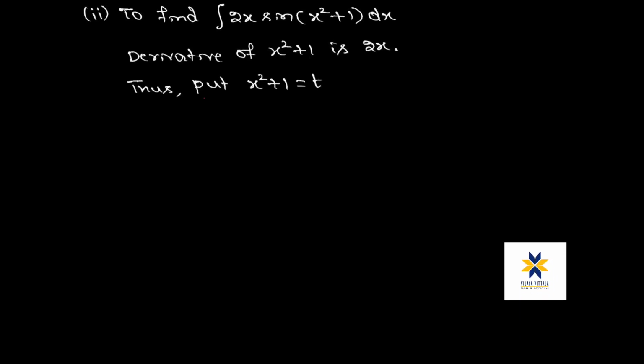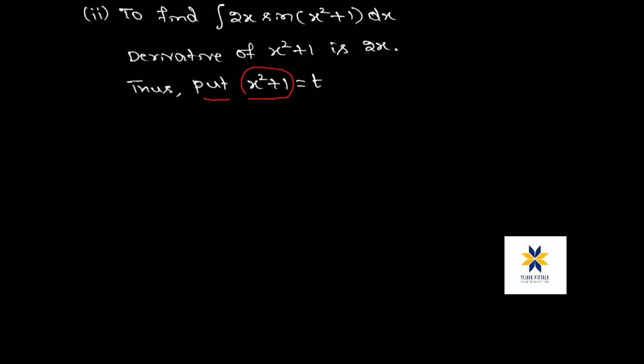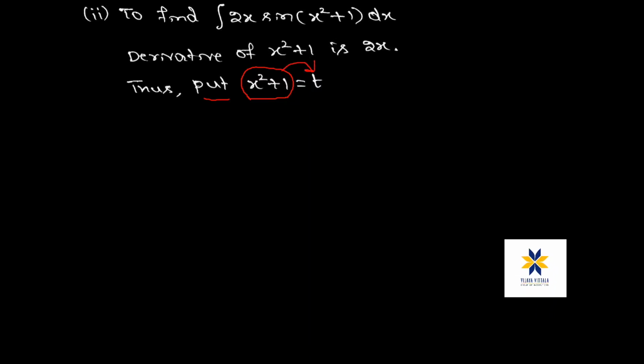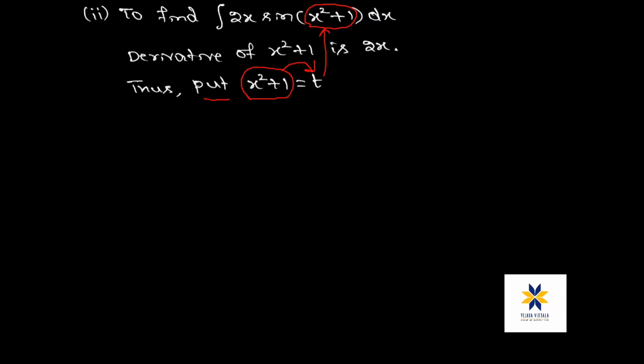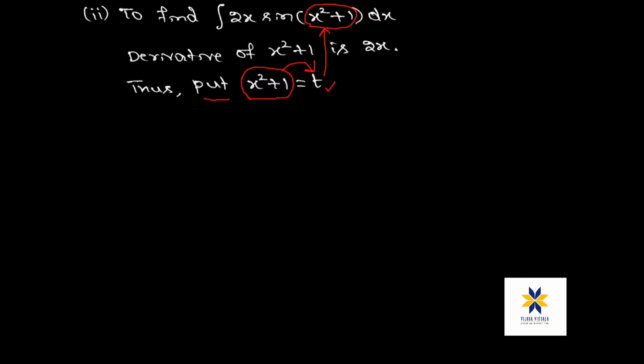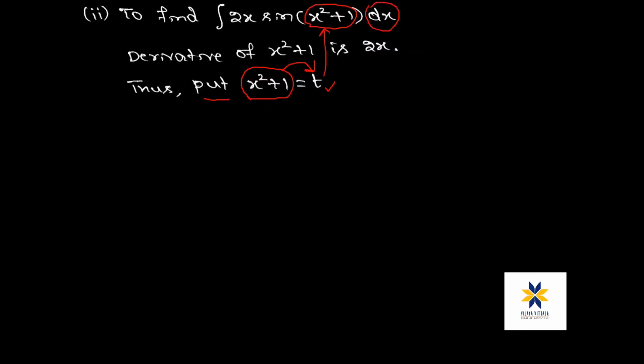Thus, put x square plus 1 as t. That means we are going to substitute in the place of x square plus 1 as t. When we substitute x square plus 1 as t, we need to check what will be our dx in terms of dt.